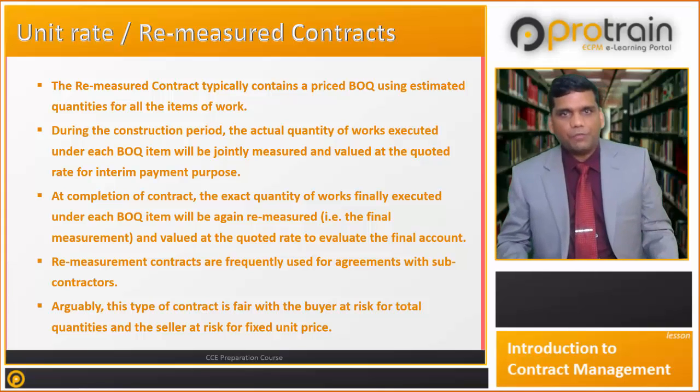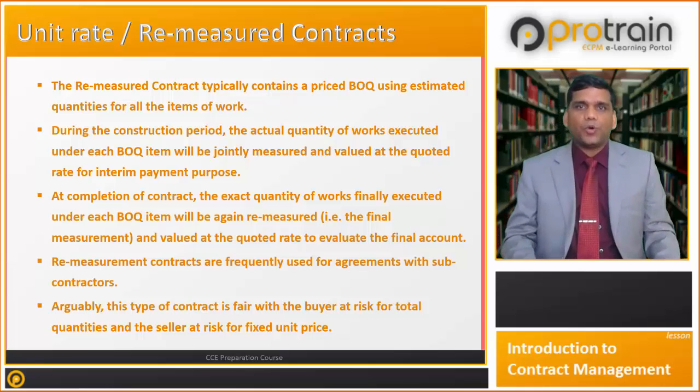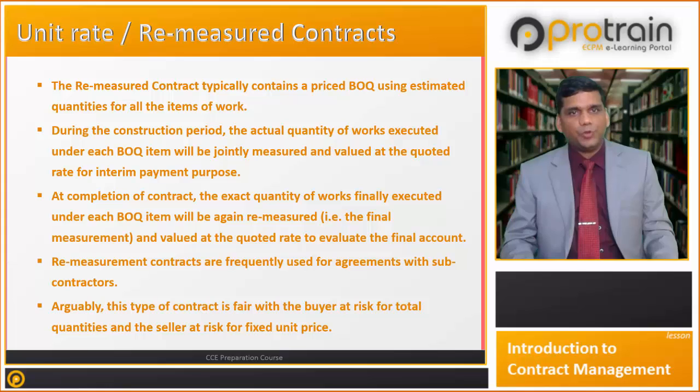At completion of contract, the exact quantity of works finally executed under each BOQ item will again be remeasured for the final measurement purpose and valued at the quoted rates in the contract to evaluate the final contract price.